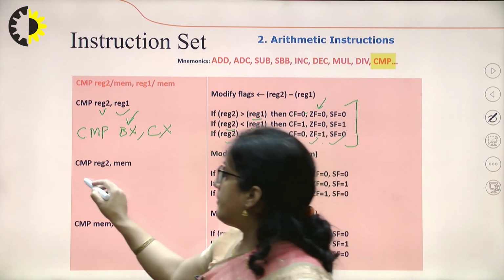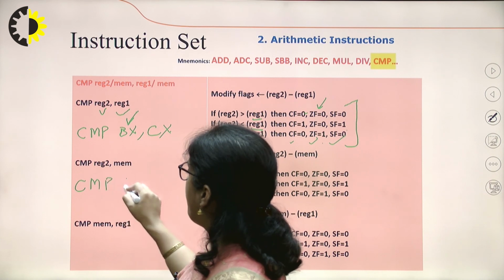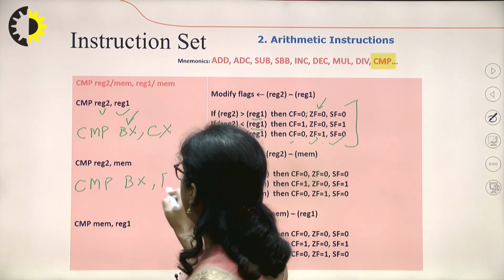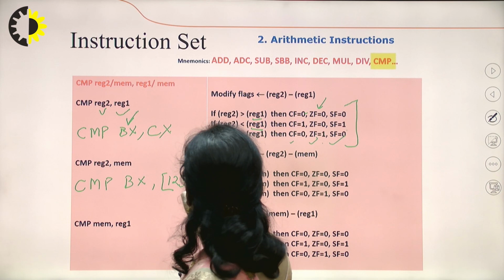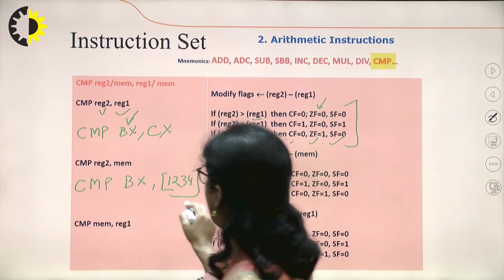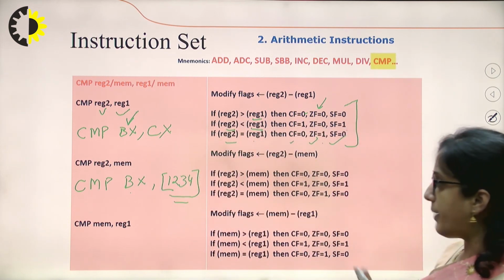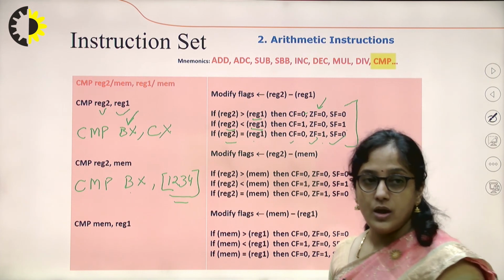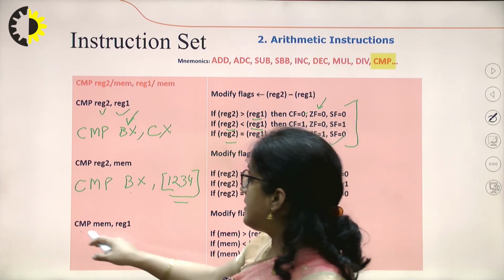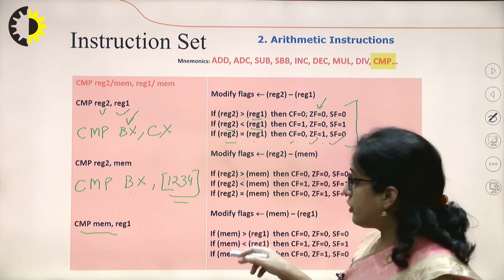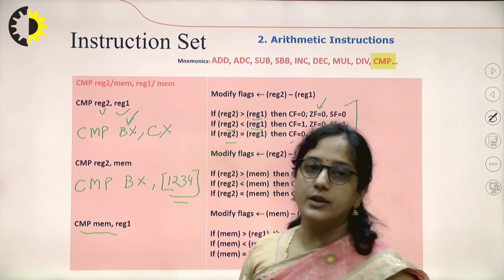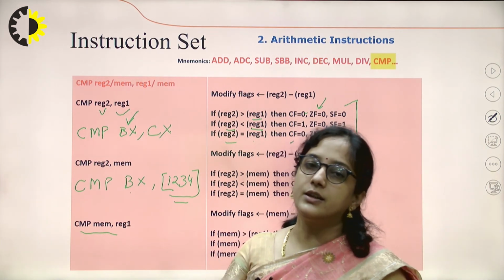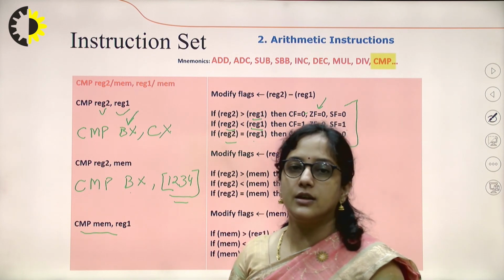Now you can have a comparison between BX and a memory location also. Here the content of BX gets compared with that particular memory location. In this third case, the memory location has priority: we have to decide whether the content of memory is greater than the register content.